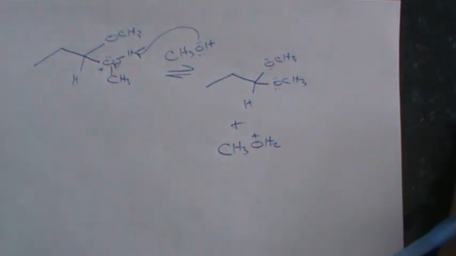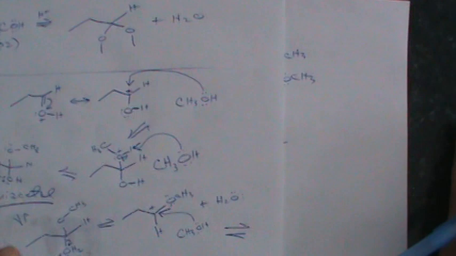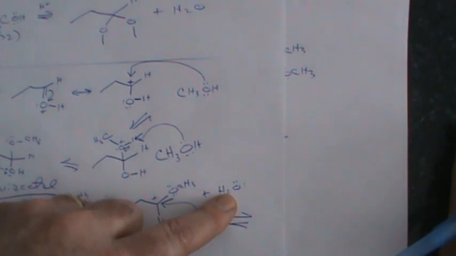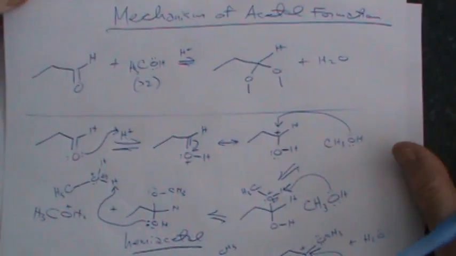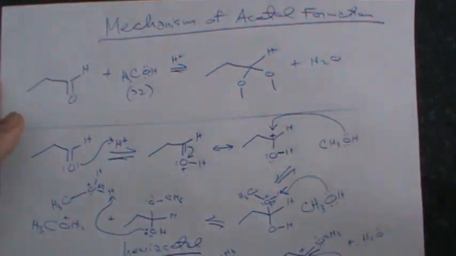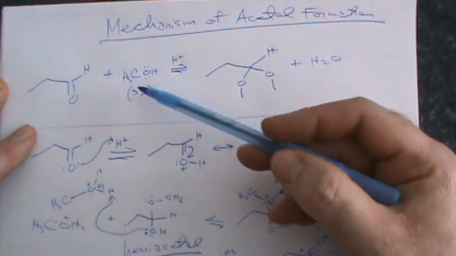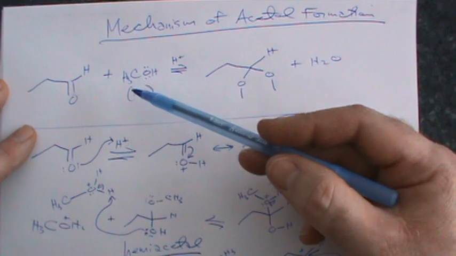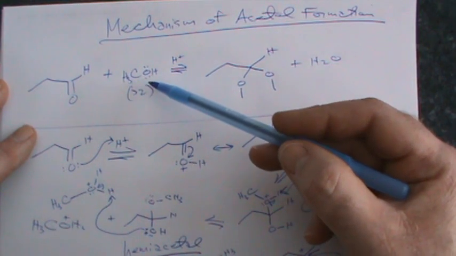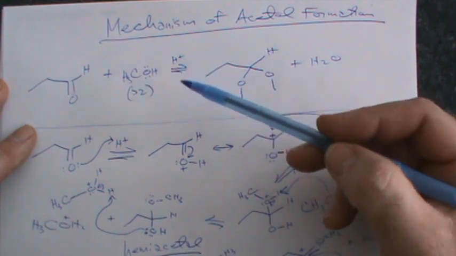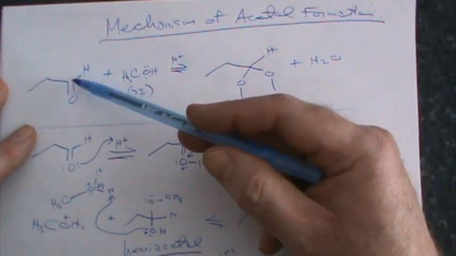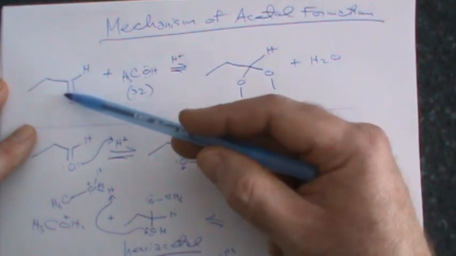Notice that along the way, we did indeed form one and only one molecule of water. So if I go back to the overall reaction, which is listed here, I have an aldehyde or a ketone, in this case an aldehyde, propanal, reacting with an alcohol, in this case methanol, under acidic conditions. I'm going to put two of these alcohol groups on that carbonyl oxygen. I'm going to get rid of that oxygen.